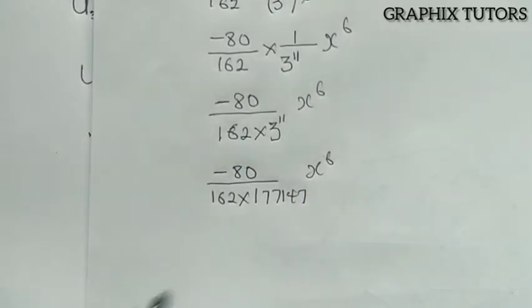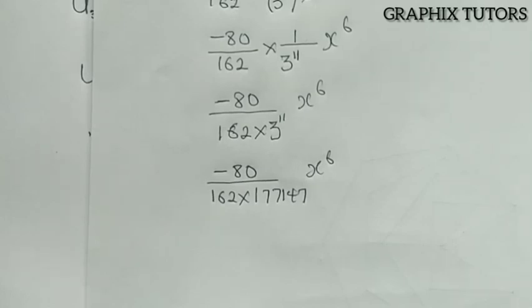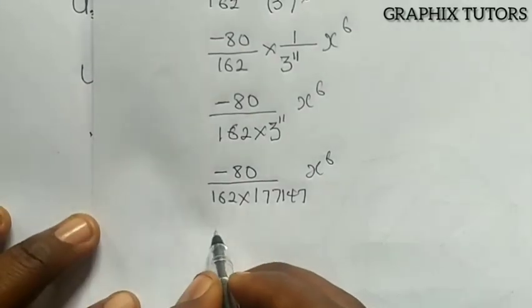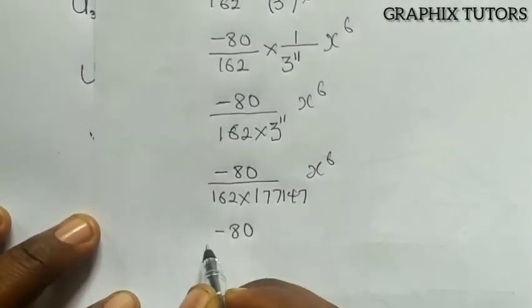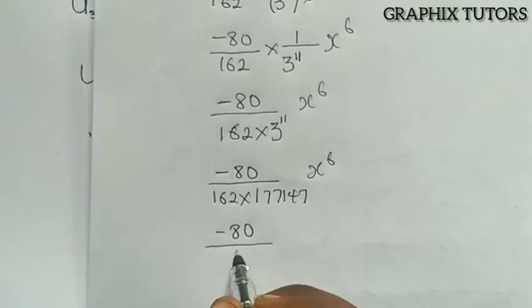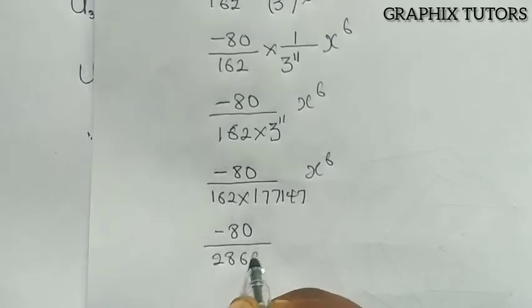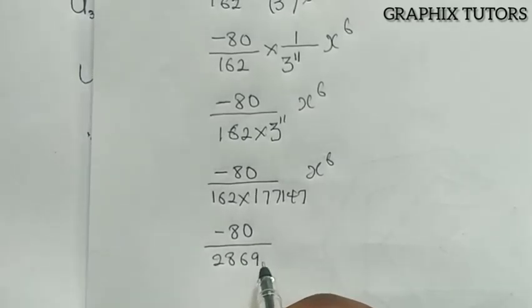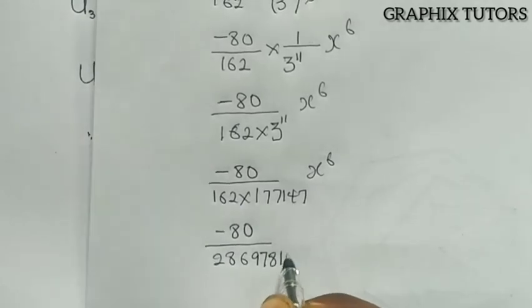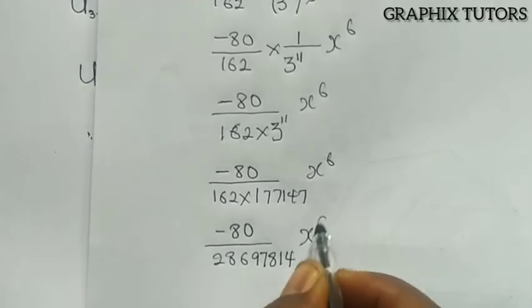So multiplying it by 162, that will give us minus 80 all over 28,697,814 x6.